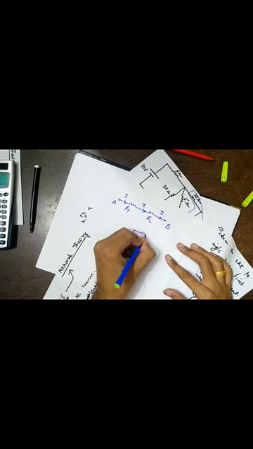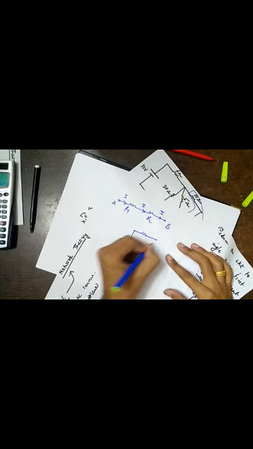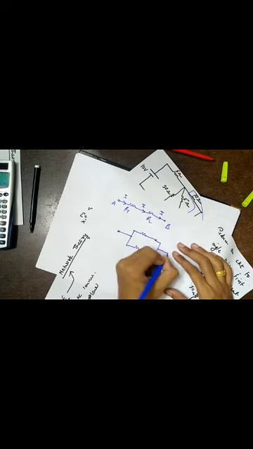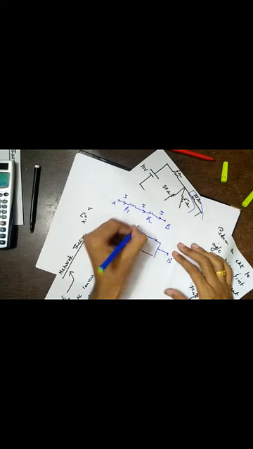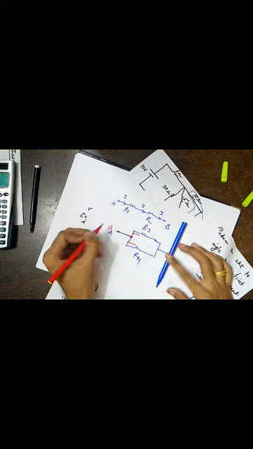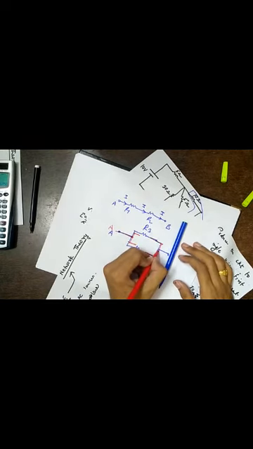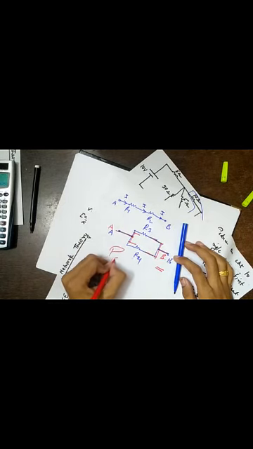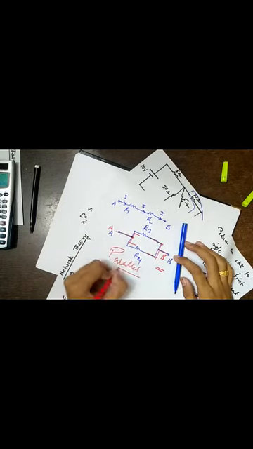When they are said to be in parallel, this is A, this is B, this is R3, this is R4. These two terminals are connected to one common point, which is A. Other terminals of the same resistors are connected to other common point, which is B. So they are said to be in parallel. Okay.